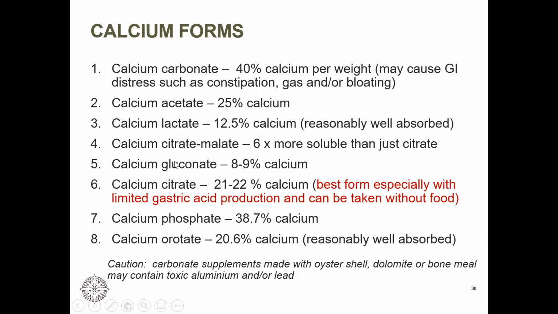It is not exhaustive, but this is just some of the forms in which it is available as supplements. If you find that there is calcium carbonate, then it's possible that it would have 40% of calcium in that entire supplement. But this form is not considered very good because it may cause some issues.